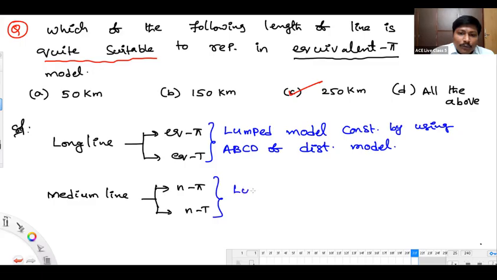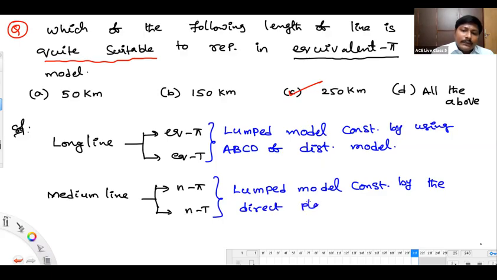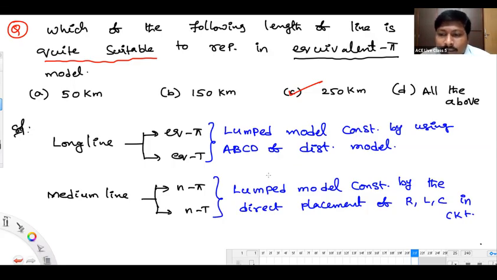So these are the differences you have to observe between the nominal models and the equivalent models.